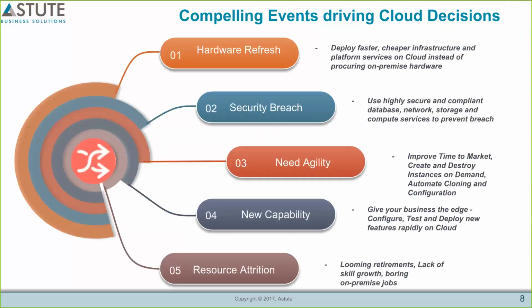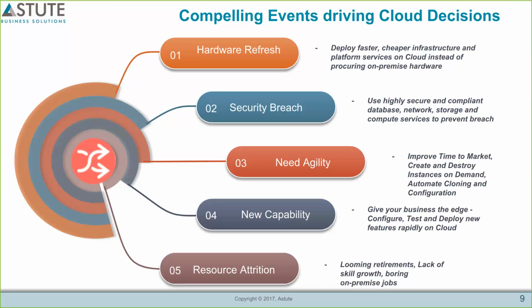All right, so what are some of the compelling events that would drive your cloud decisions? This is important because every customer has a trigger that takes them to cloud. For some, it is a hardware refresh issue, so you are coming up on a huge hardware refresh cycle. Maybe you are replacing tens or hundreds of servers and storage and network and whatnot, and you have to ask yourselves, do I really want to do that?